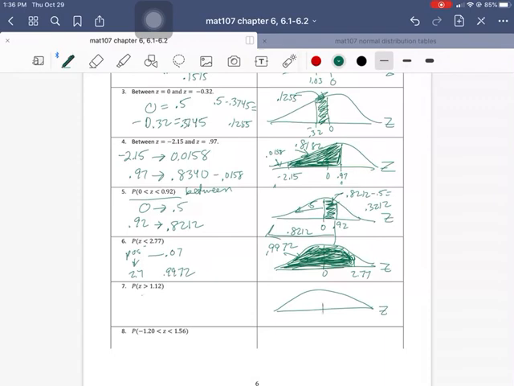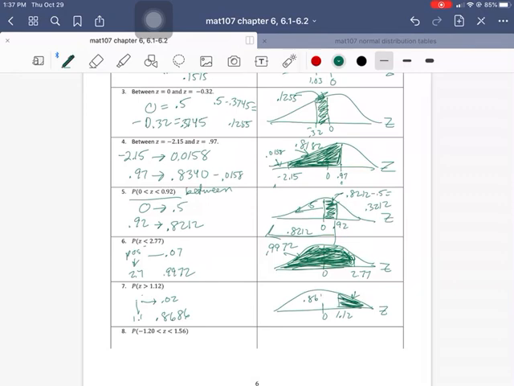And if it's a greater than, that means we're looking at a right tail. So 1.12 is over here. And remember, we're going to look up 1.12 on the table and get this side. So if you go to the positive chart, go down to 1.1, and you go over to 0.02, you're going to get 0.8686.